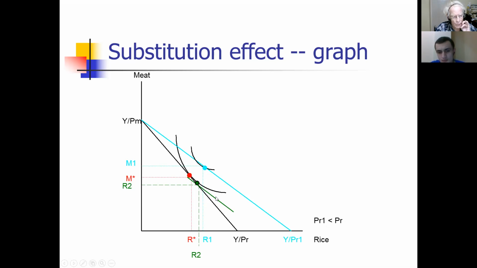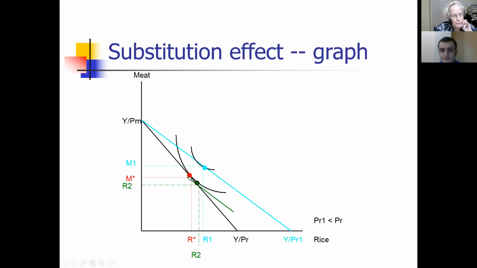The slope has become less steep, but we have situated the new budget constraint in such a way that we hold constant utility because we are on the same old indifference curve.